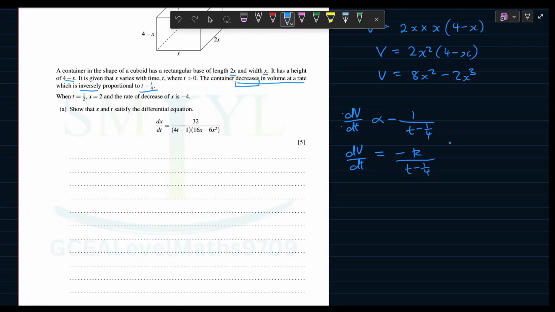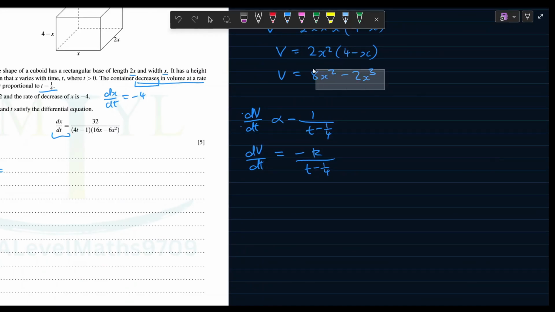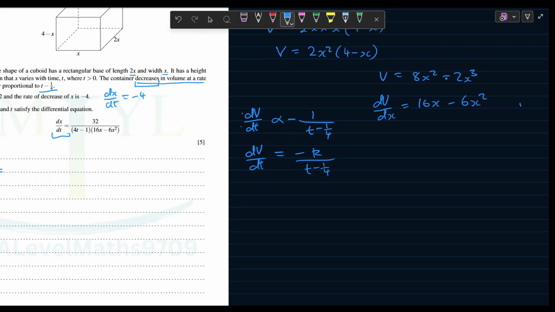Then here we're given that when t is half, x is 2, and the rate of decrease of x, so that's dx/dt, is negative 4. Okay, and we need to find dx/dt. So we can create a chain rule to find dx/dt, and what we can do, we need a rate that has dx, so we can get that from differentiating here. If we differentiate here, we get dV/dx, which is going to be 16x minus 6x squared.